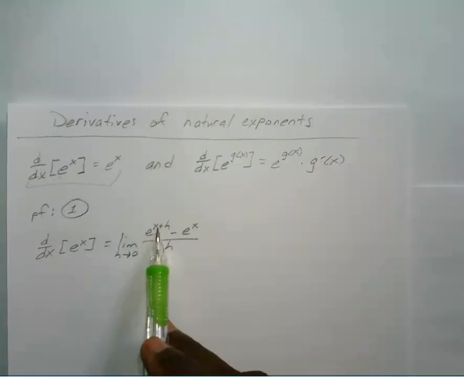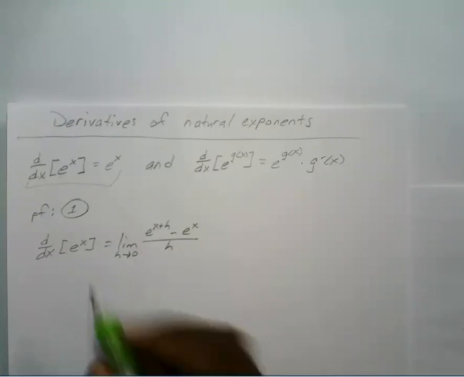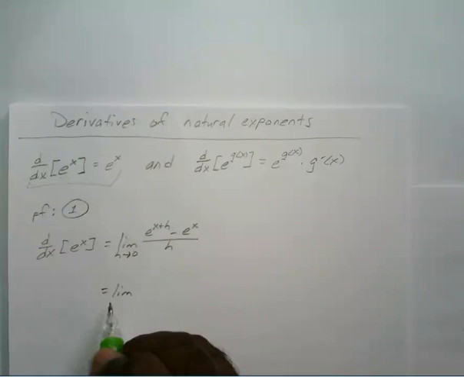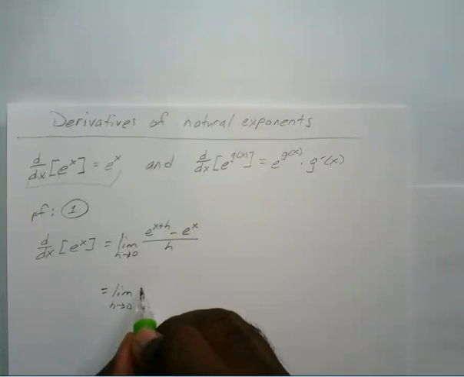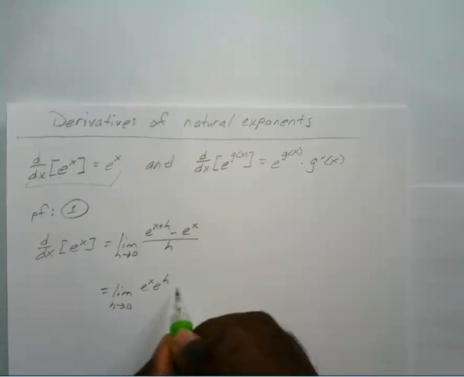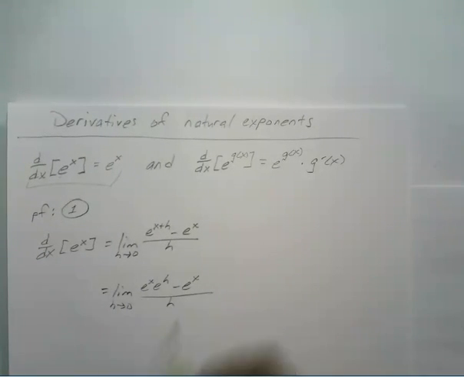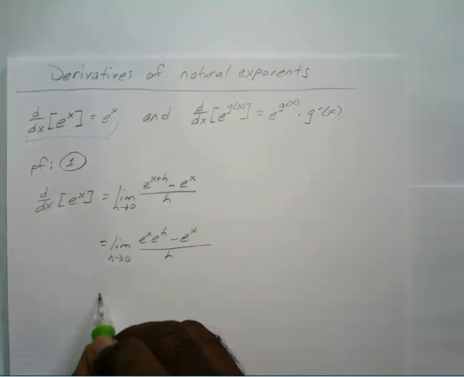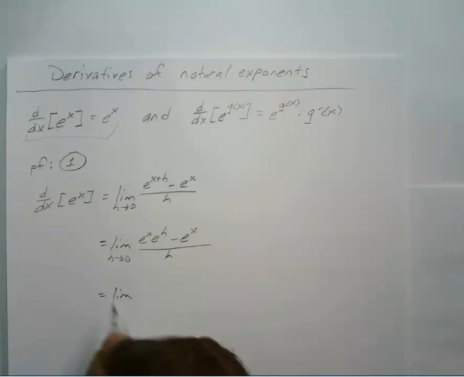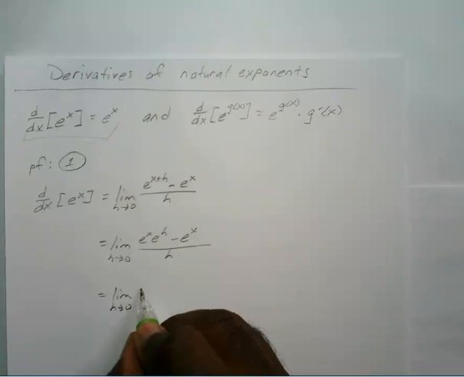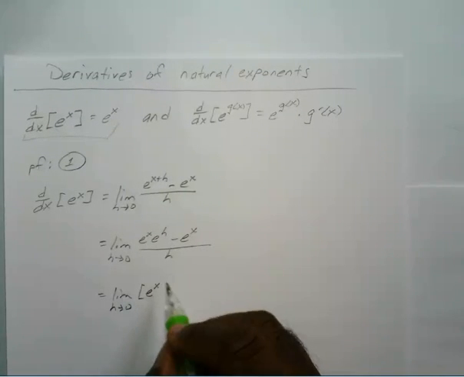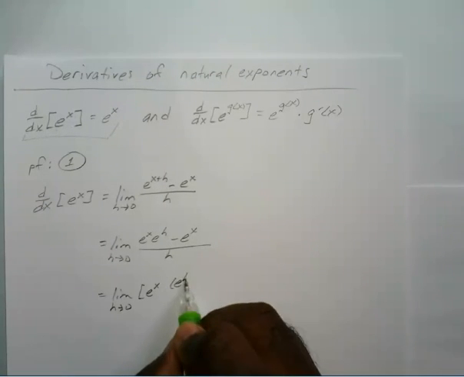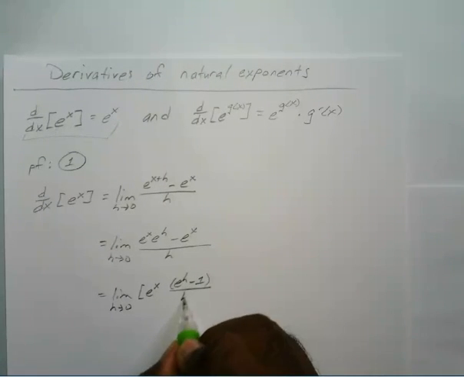Now, e to the x plus h, we can actually write as two factors. So you have the limit as h approaches 0 of e to the x times e to the h minus e to the x all over h. If we factor out e to the power of x, we have the limit as h approaches 0 of e to the power of x times e to the power of h minus 1 all over h.